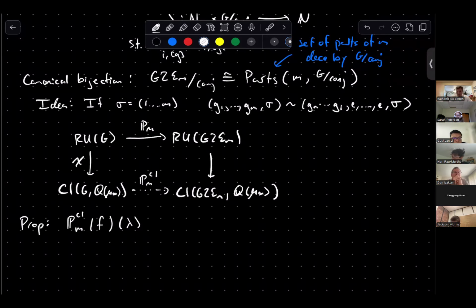These decorated partitions are just much easier data to work with than a conjugacy class in G wreath sigma m, and the formula is very easy to express in terms of them. It's the product over i, comma g of f evaluated at g to the lambda i, comma g. And that's it.